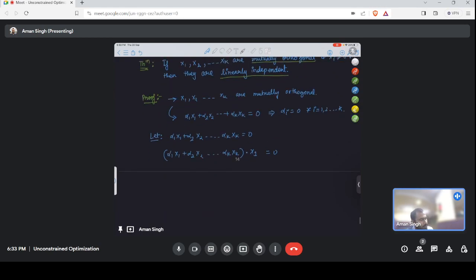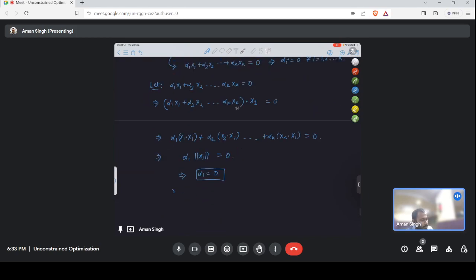As it is mutually orthogonal to all the others, we get alpha 1 x1 dot x1 plus alpha 2 x2 dot x1 plus ... plus alpha k xk dot x1. Because they are mutually orthogonal, only alpha 1 x1 dot x1 remains, and it equals 0. As x1 is non-zero, this implies alpha 1 equal to 0.